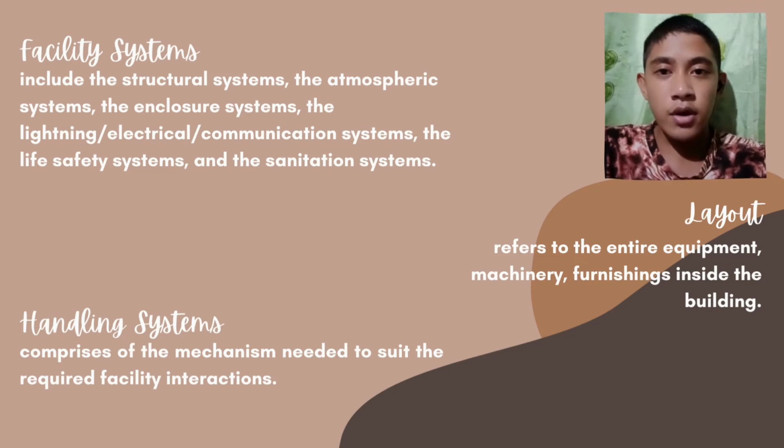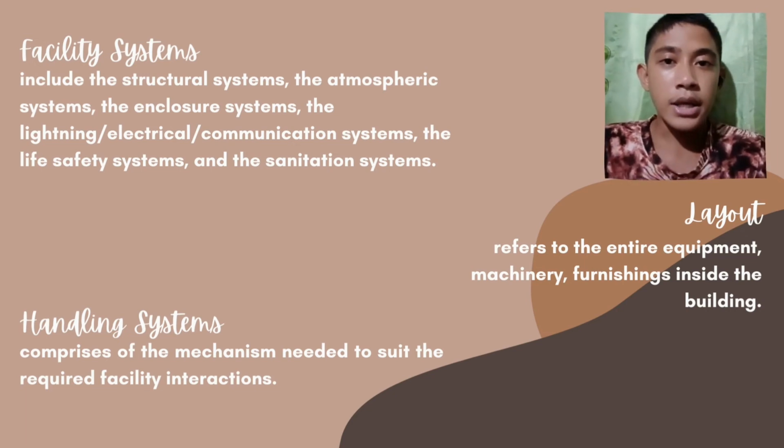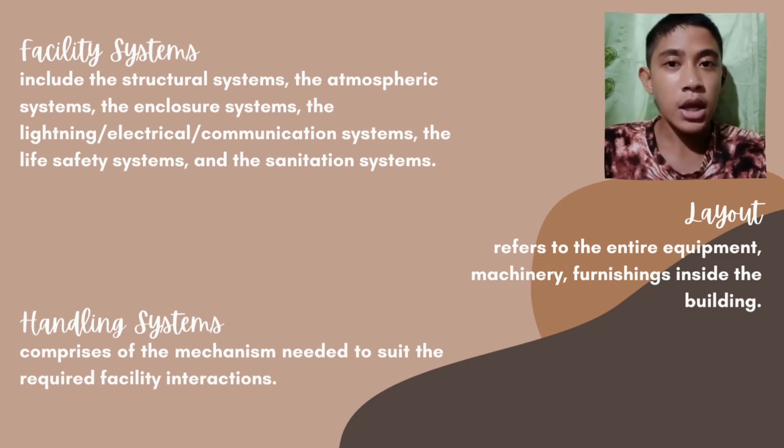The layout refers to the entire equipment, machinery, furnishings inside the buildings, while the handling system comprises the mechanisms needed to suit the required facility interactions. The facility systems for a manufacturing organization may consist of envelope, structure and enclosure components, power, light, gas, heat, ventilation, air conditioning, and water to the delight of the ultimate consumers.